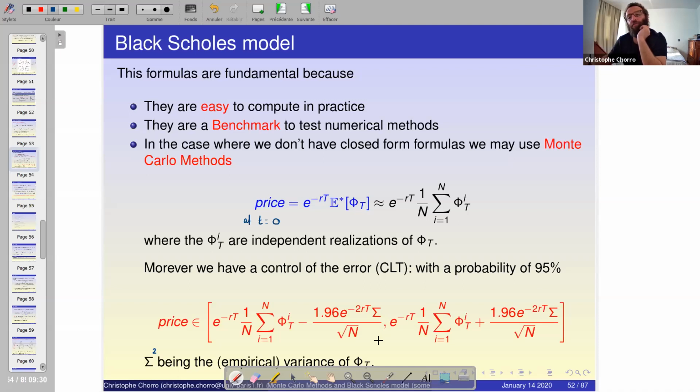So in the Black-Scholes model, I can use my Monte Carlo methods naively, and it's very easy to obtain an approximation and a related confidence interval in order to approximate the price of a contingent claim in this framework.